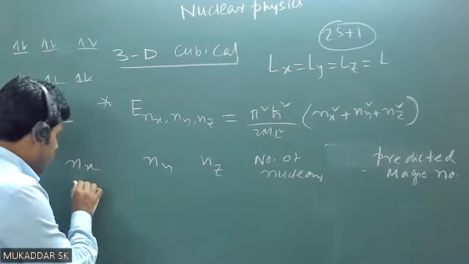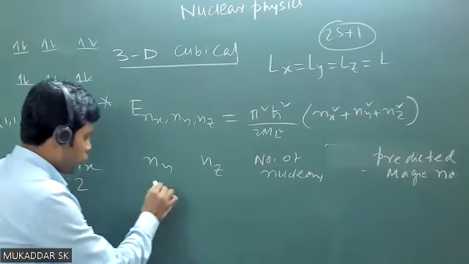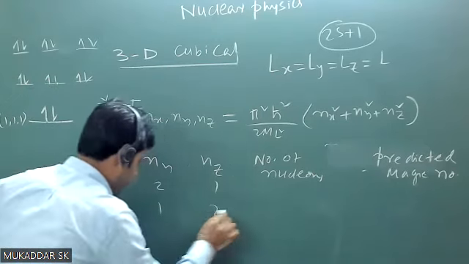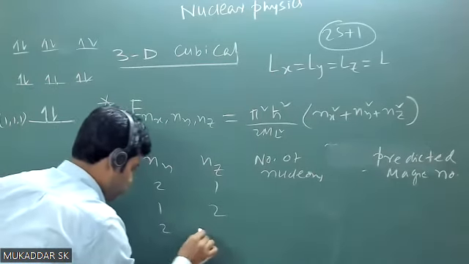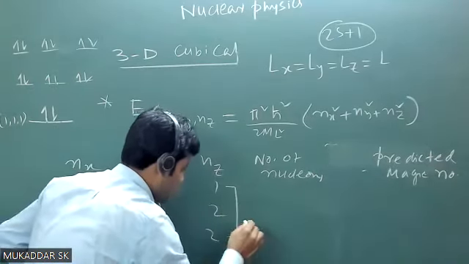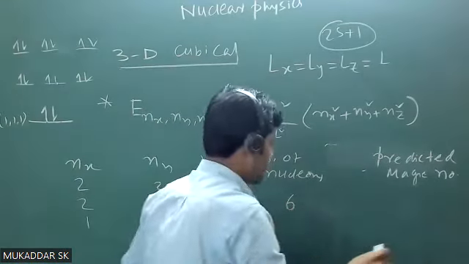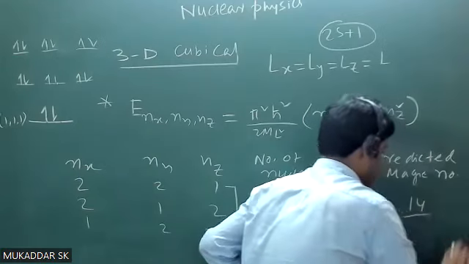I'm writing again here, you have a 2 on, right, and then 2 on 2 and on 2 2. So as a result you will have 6 nucleons here, right? So the next magic number will be 14.